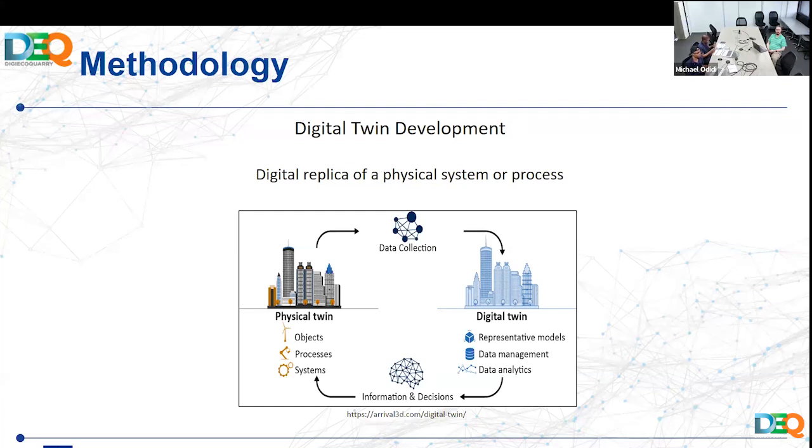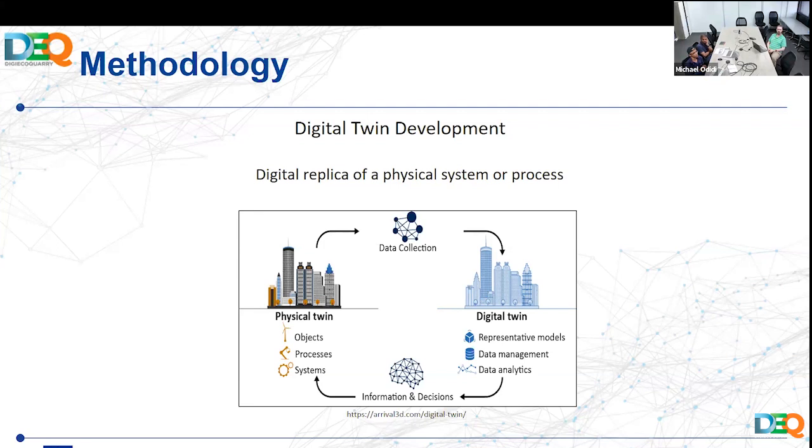These representative models are the backbone or skeleton of your digital twin, because they govern how these parameters interact with each other. Once you have your data, you use it to calibrate your representative models, or calibrate your digital twin. And once you've calibrated your models, you can then use the digital twin as a decision-making tool. You can use it to advise you on how to optimize your physical twin.